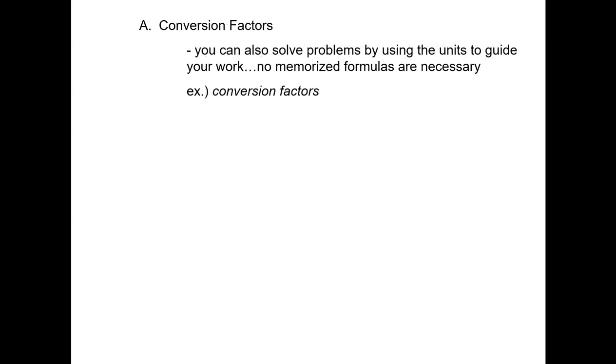So a conversion factor is 2 units that are equal to each other. Like, for instance, I know there's 12 inches in a foot. So if I wrote 12 inches over 1 foot, that's known as a conversion factor. I could also write it the other way. 1 foot is 12 inches. It means the same thing. Or I could say there's 16 ounces in a pound. Or 1 pound is 16 ounces.